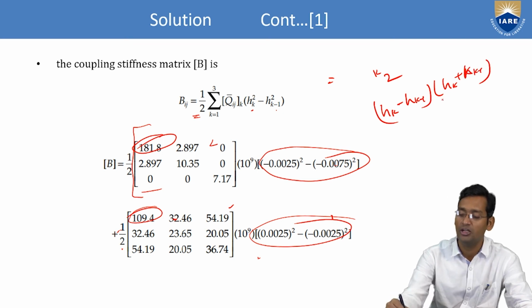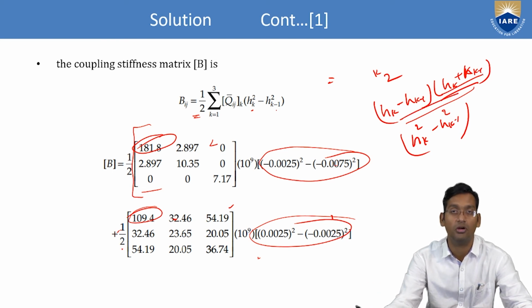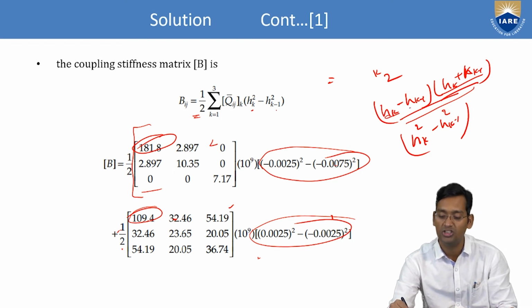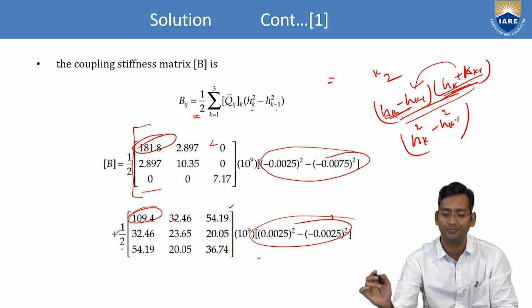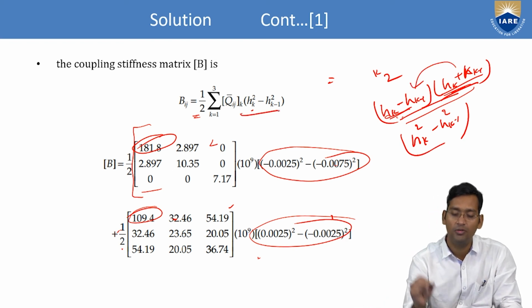After multiplying this, what you will get is hk square minus hk minus 1 square. The hk plus hk minus 1 appears because of the couple. One will be negative, the other one positive, so these two are with difference, and here the sum will be there. So after multiplying, finally we get this formula.